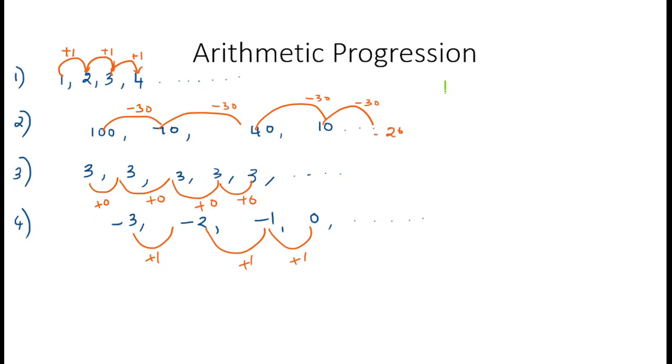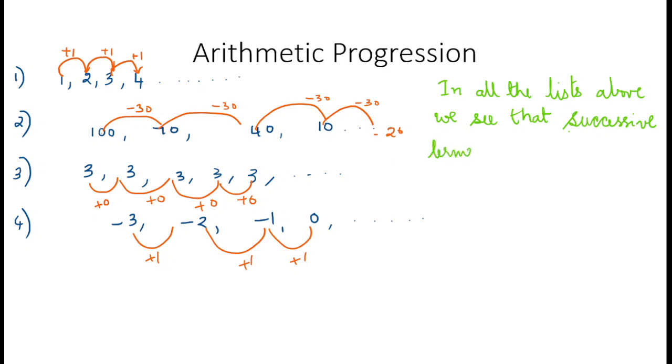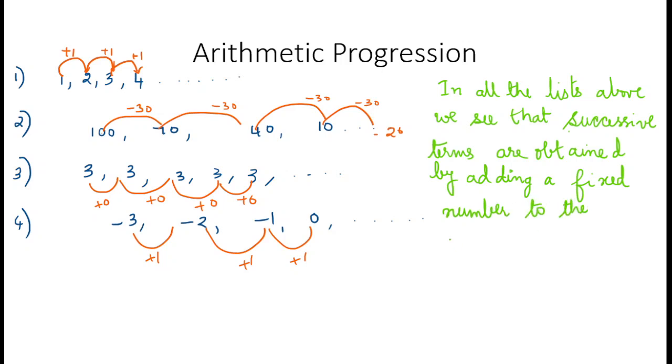In all the lists above, we see that successive terms are obtained by adding a fixed number to the preceding terms. Okay, fixed number to the preceding terms.